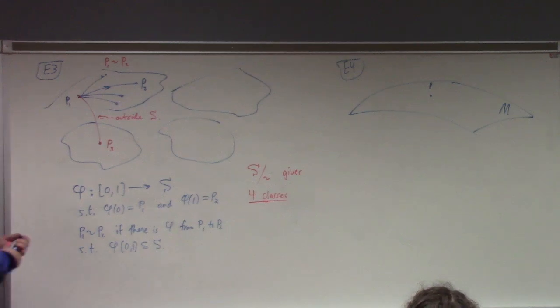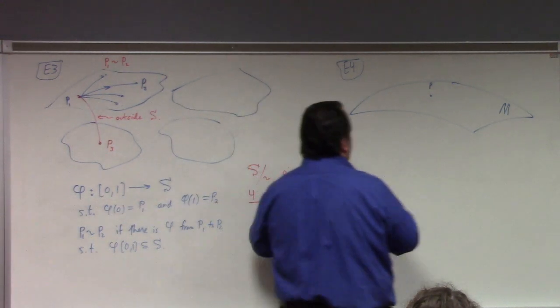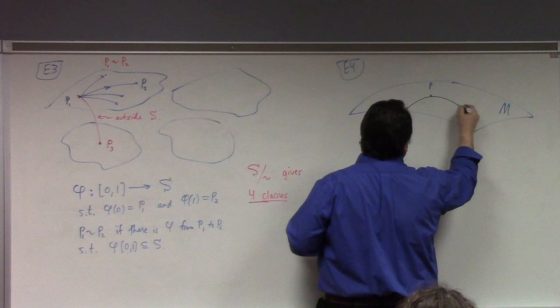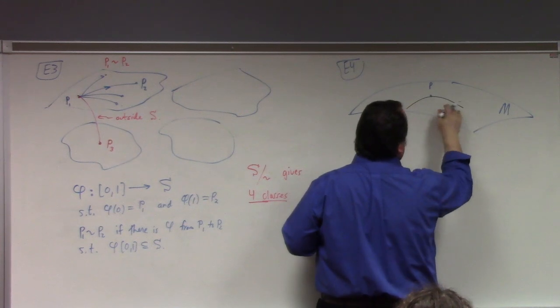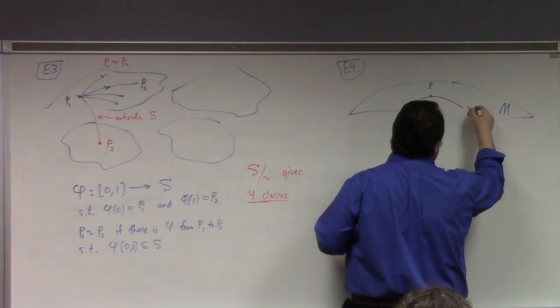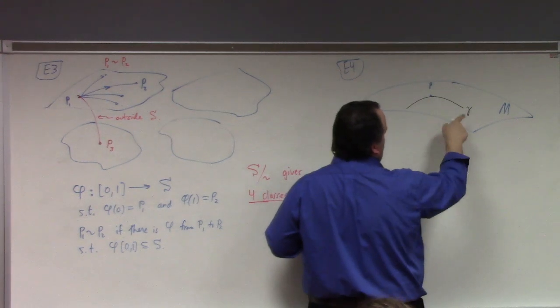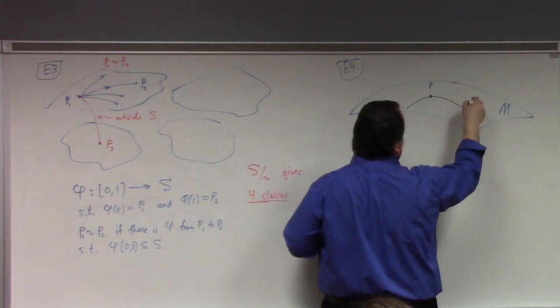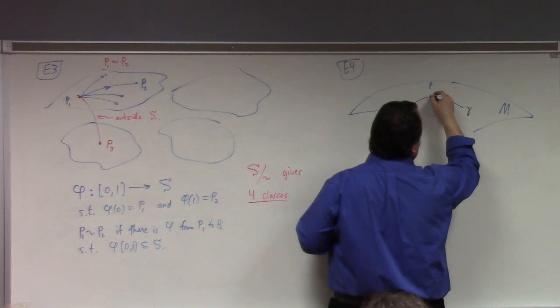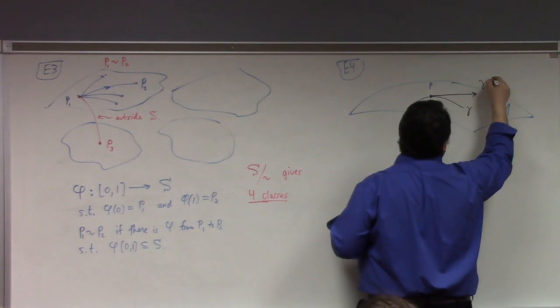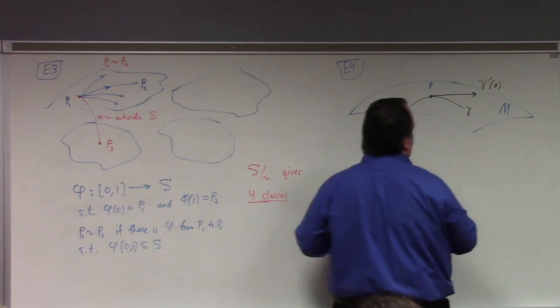If you just look at curves that go through P, say a curve gamma on M, I can look at the tangent vector to gamma and visualize it like this. This is gamma prime of 0.